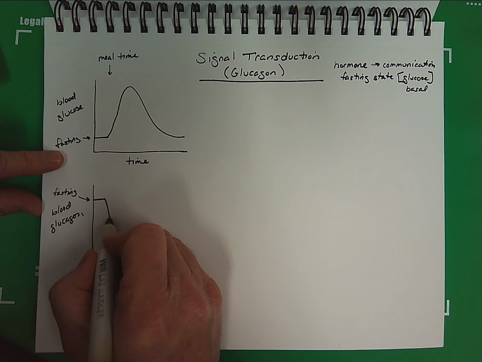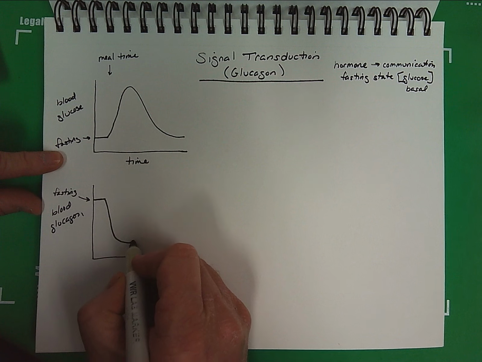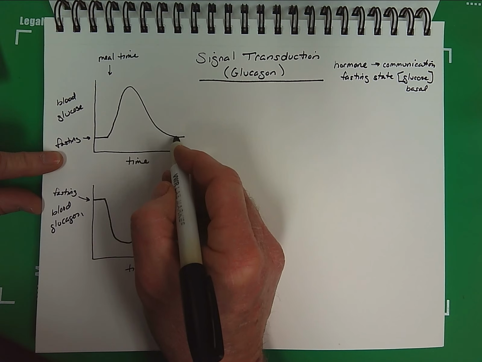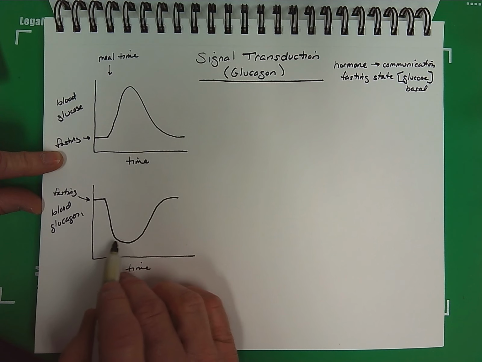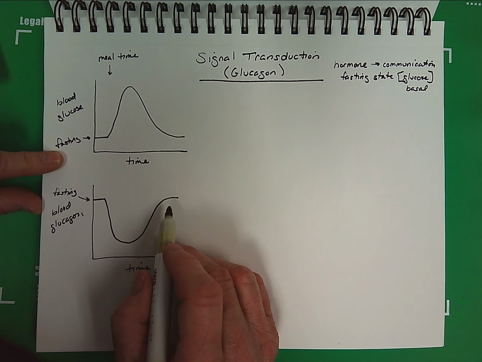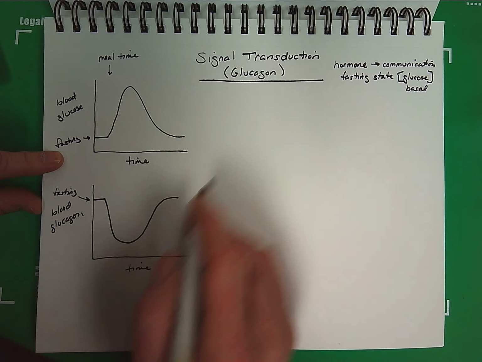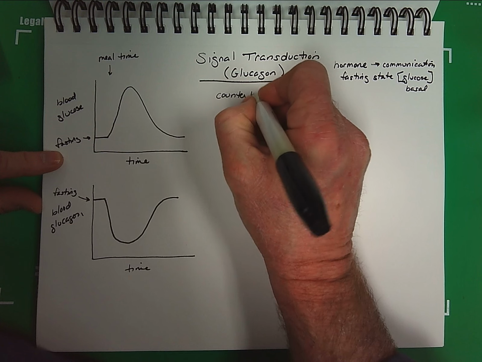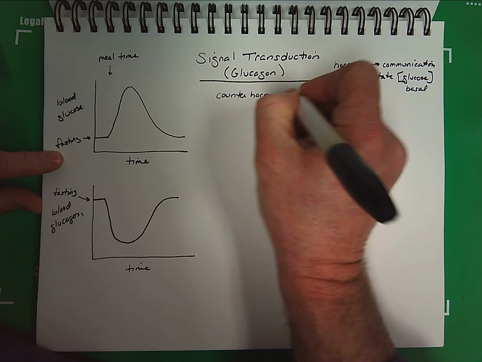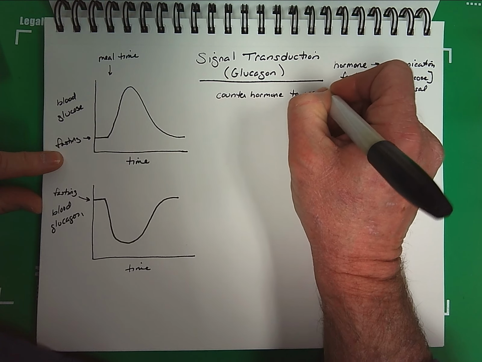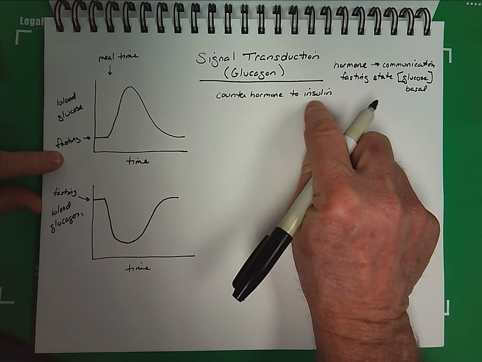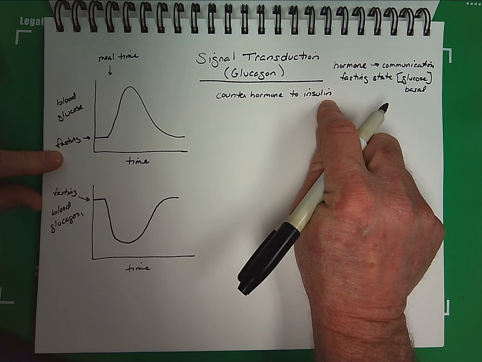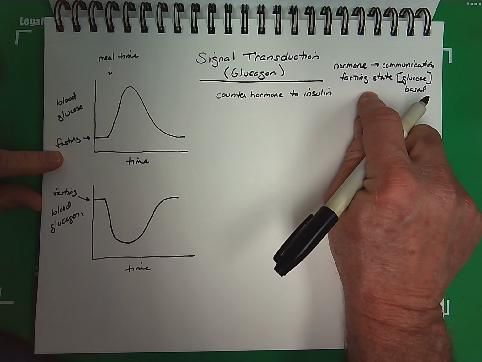Upon mealtime, this level goes down, and then as our blood glucose levels are restored back to homeostasis, the amount of glucagon increases. So glucagon is a counter hormone to insulin. So insulin communicates to cells that there is a high blood glucose level. Glucagon communicates that we are down to a basal level.